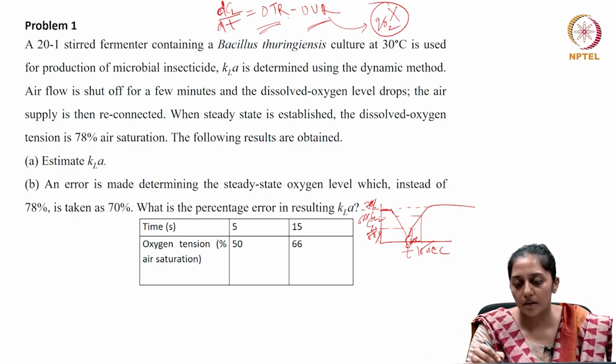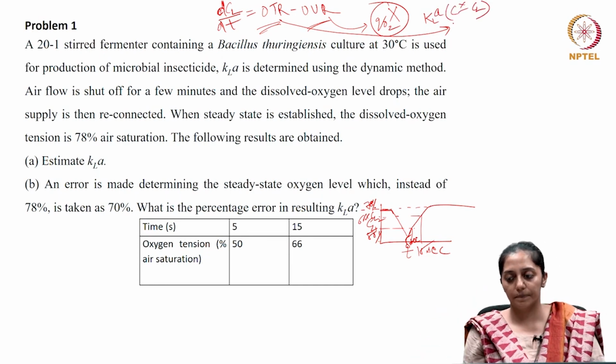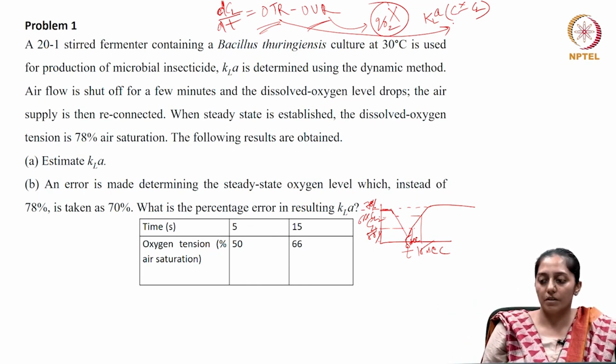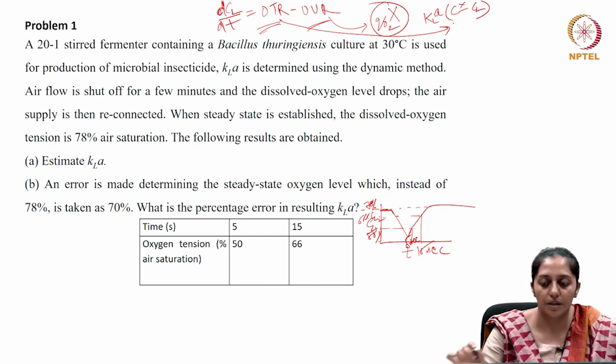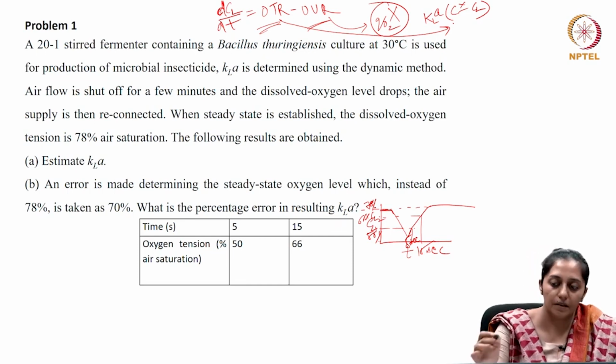And OTR is given as, we all know, volumetric mass transfer coefficient multiplied by the concentration gradient. So C star is your saturation concentration of oxygen, and Cl is the bulk oxygen concentration at any time point. So how do we calculate the value of KLa here?